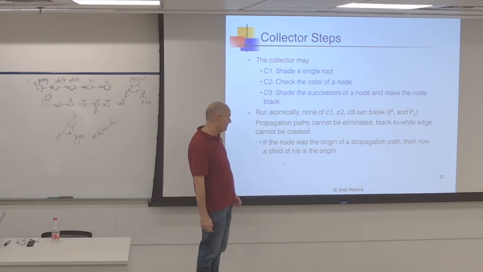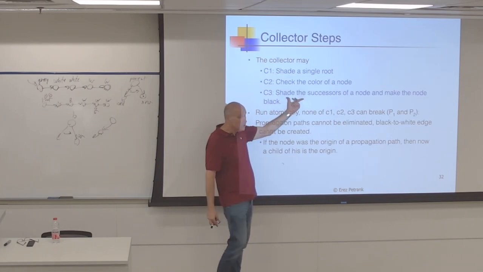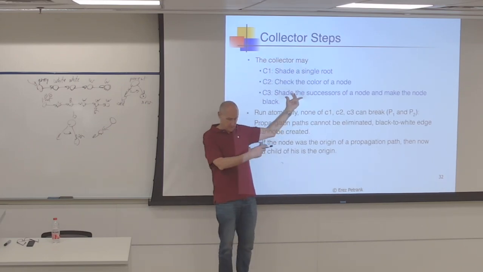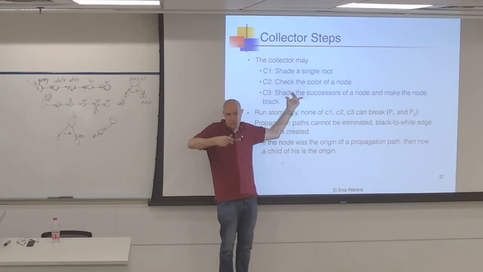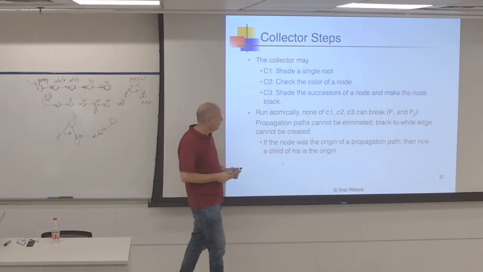If we look at it atomically, there's no problem because I make all the children gray, and then I make the parent black. So surely I don't create any black to white edge.